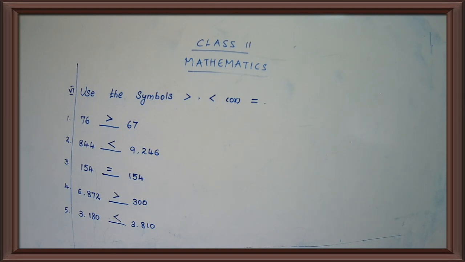Okay, see the first one, A: 61, and B: 16. Which one is the greatest number? 61 is the greatest number. Left side number is the greatest, so we have to use the greater than symbol. 61 is greater than 16.